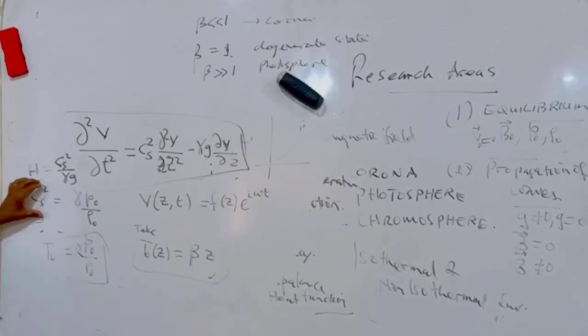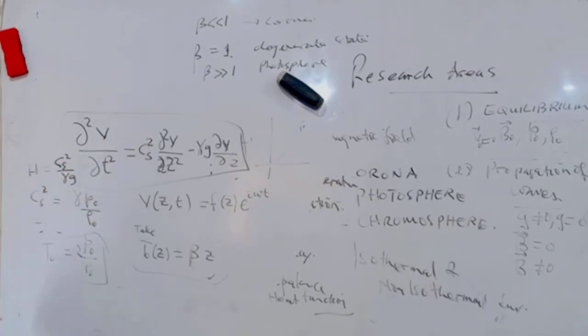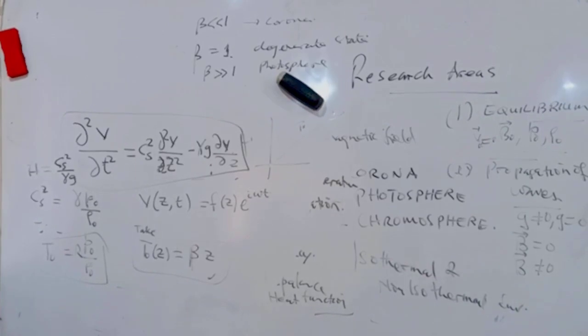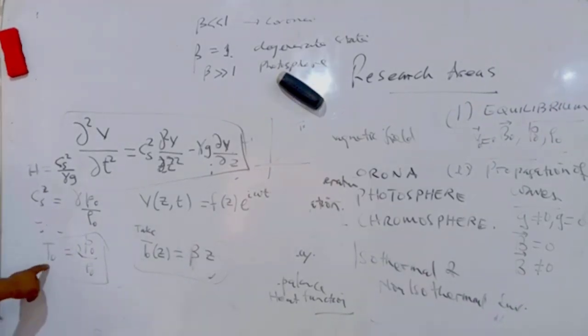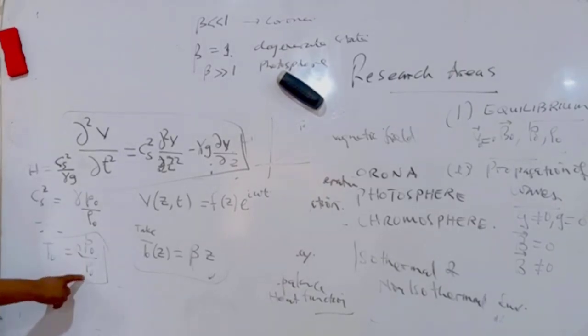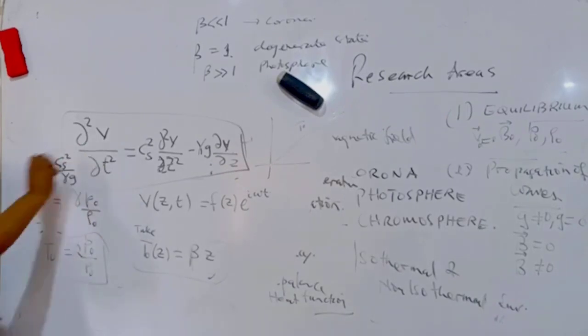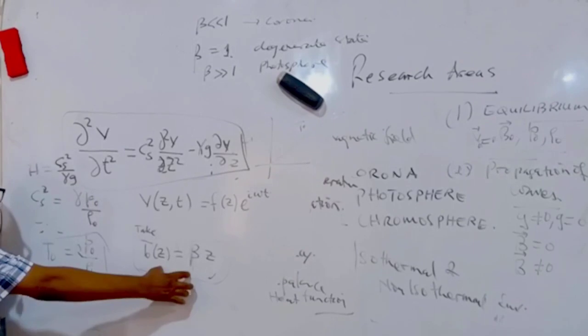You see here? If you take it and put it here, now when you put it there, look at this. It has a P0 over rho 0, which will link it with temperature. So temperature enters there, and then once the temperature enters there, you make this substitution.